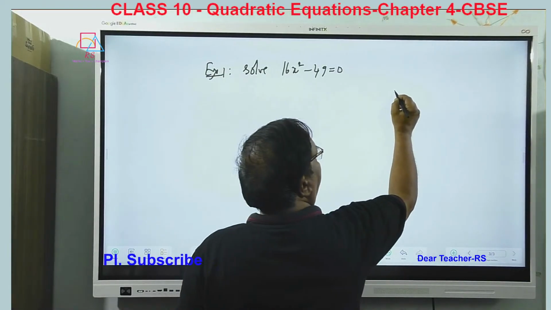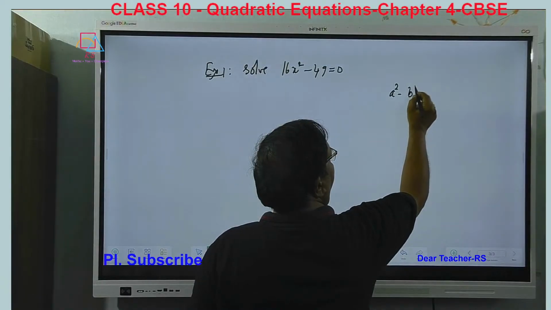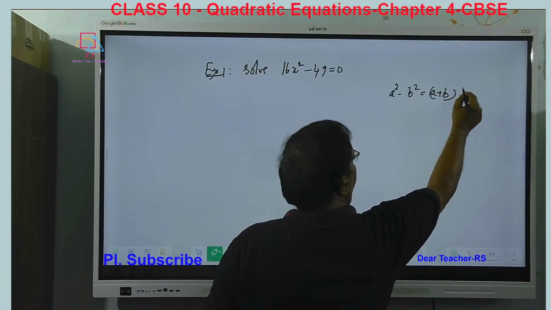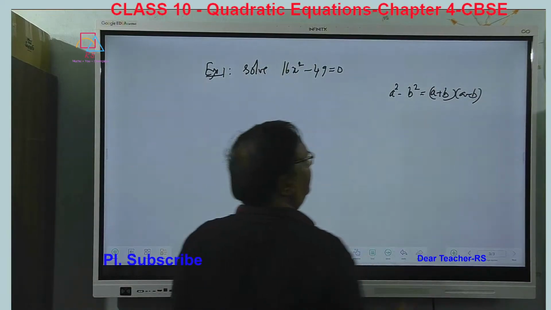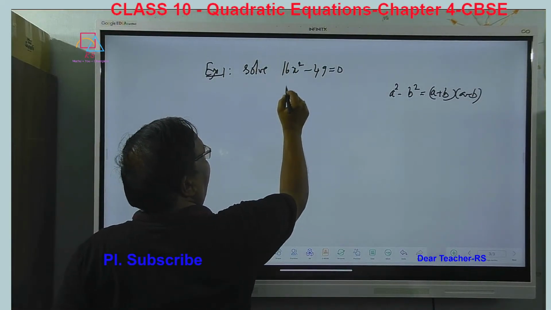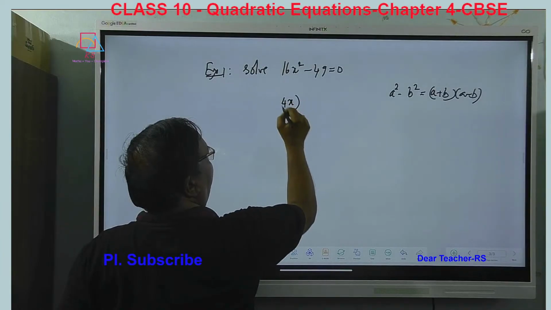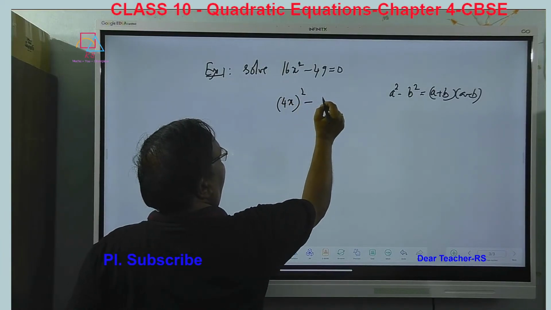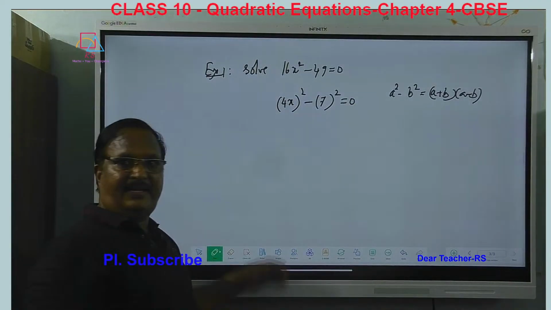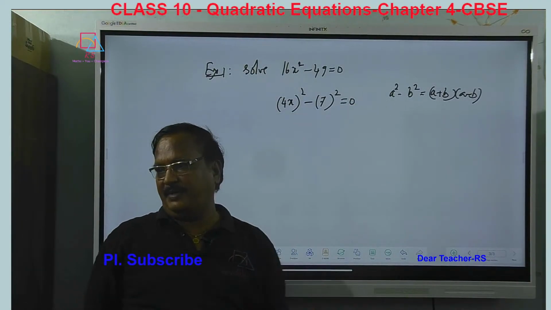So now check whether you can write it in this form or not: a square minus b square is equal to a plus b into a minus b. So now, yes, you can write 16x square as 4x whole square, and 49 you can write as 7 whole square. I have written it in the form of a square minus b square.